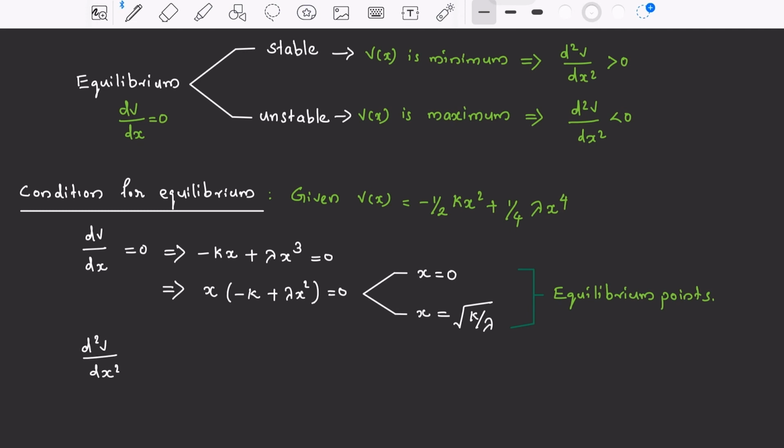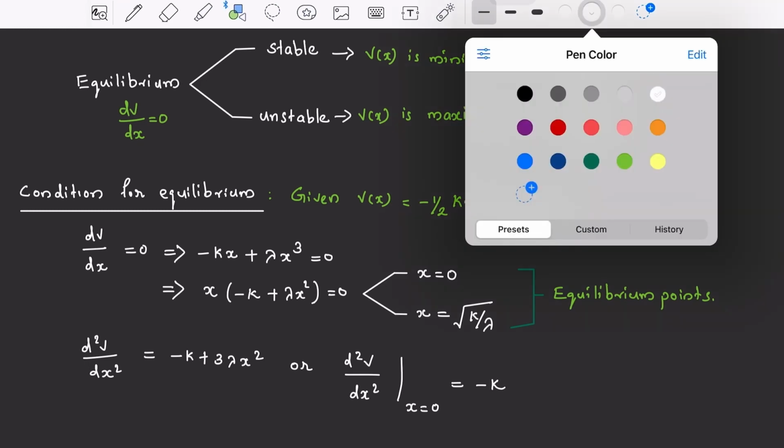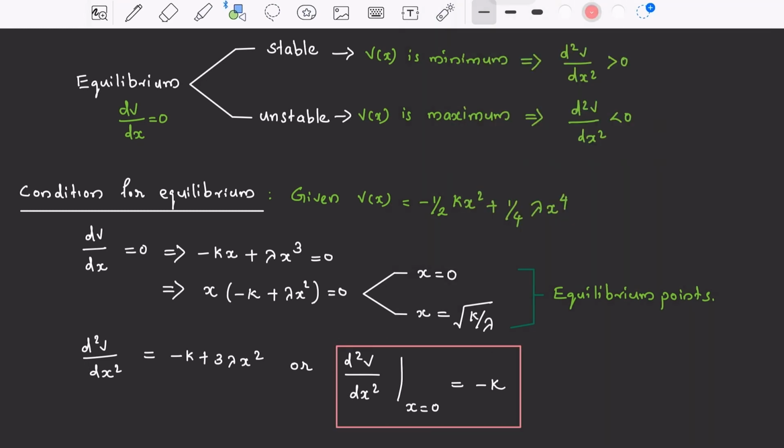Let us check d square V by dx square at x is equal to 0. What is d square V by dx square? That is minus k plus 3 lambda x square. Now at x is equal to 0, d square V by dx square is minus k. Now in the question it is given that k is a positive constant.